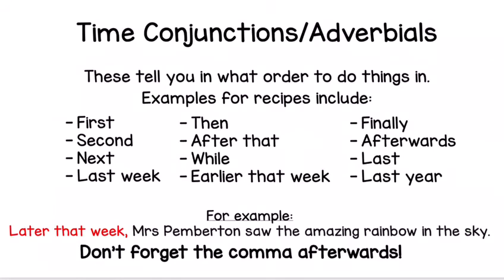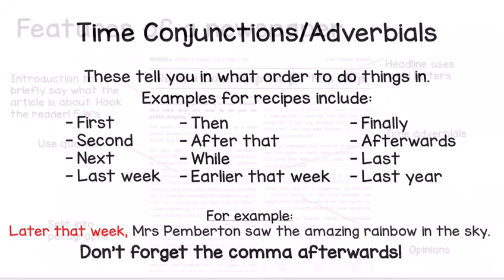Those are some common ones that are often used in newspapers, but obviously you can change it depending on what order actually happened in your article. An example includes: later that week, Mrs Pemberton saw the amazing rainbow in the sky, with later that week being the time adverbial. But you need to make sure you don't forget to put the comma after the adverbial.